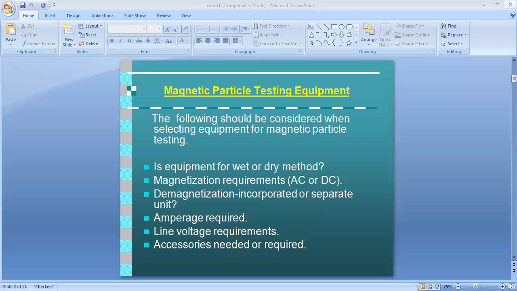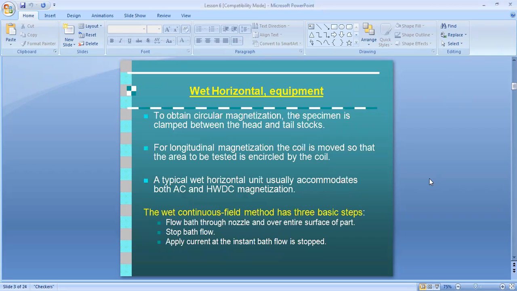If you are using the yoke type machine, there is no such machine, we just use the line voltage whatever is available, and we generate a longitudinal magnetic field. For oil field equipment we can check with magnetic particle testing. So based on your component, we are choosing the equipment.